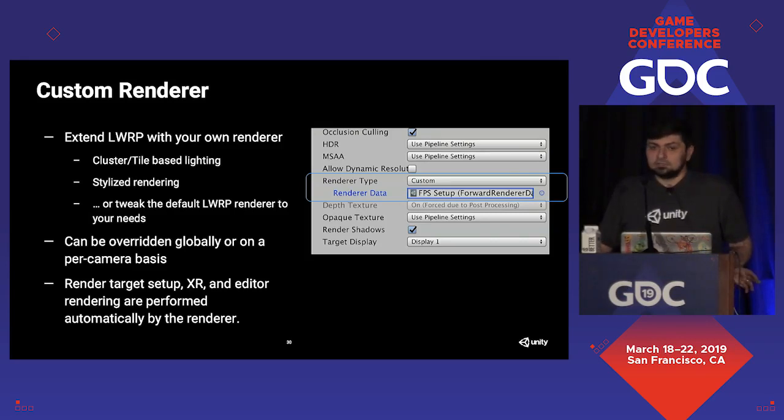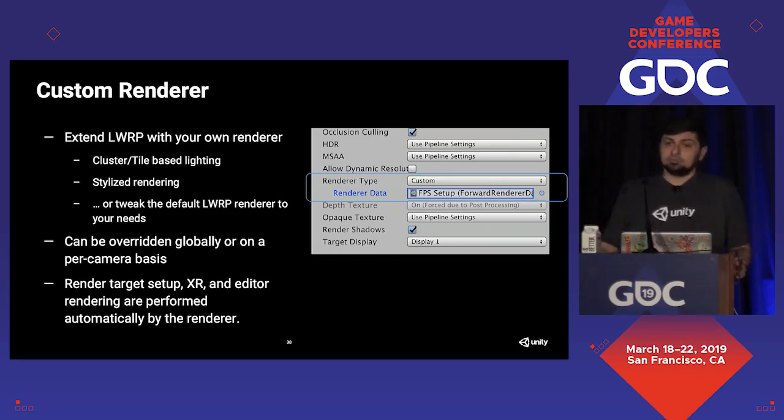These renderers are just scriptable objects that you can assign to and override the pipeline with. You can create them, and you can override them on a global basis. So in the pipeline asset, you can override the renderer to render all cameras for your project, including the scene view camera.